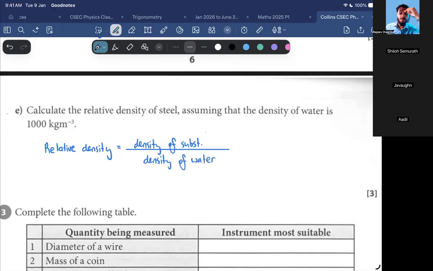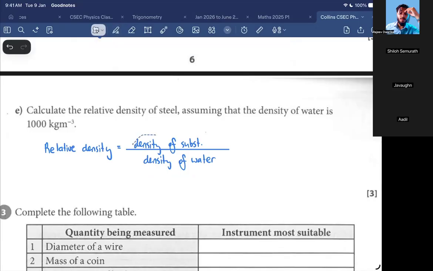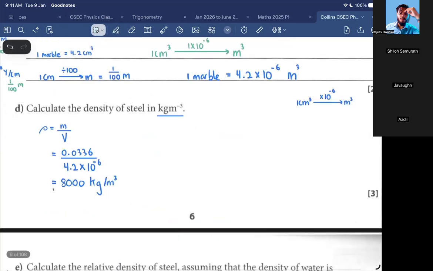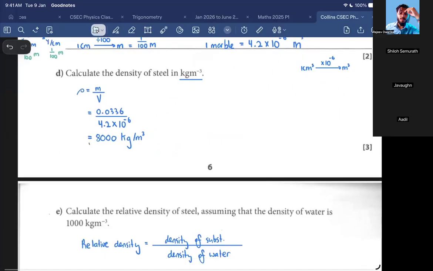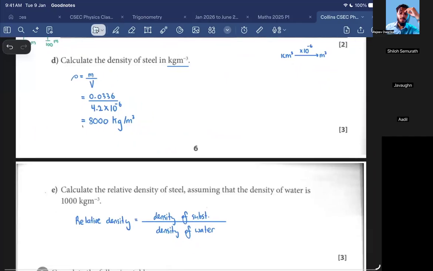In other words, all I want to know is how much more dense than water is the steel. That's all. I think you could even look at it and figure it out. If I tell you the density of water is 1,000 and the density of steel is 8,000, how much more dense is the steel than the water, relatively speaking? 7,000 kg. Nah, 8 times. That's what I was looking for. 8 times.